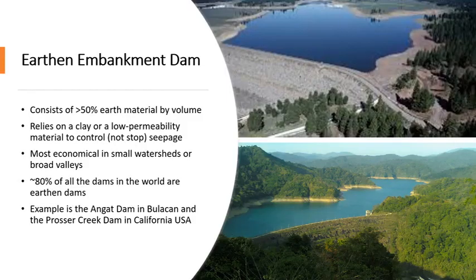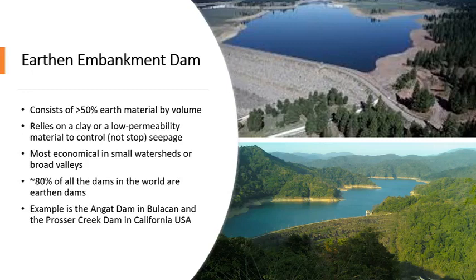The earthen embankment dam is the most important type of dam, and it relies on earth materials, typically more than 50% by volume is just earth material. Its main part here is a clay core, or a low permeability material in the core of the dam, to hold back or control the seepage.